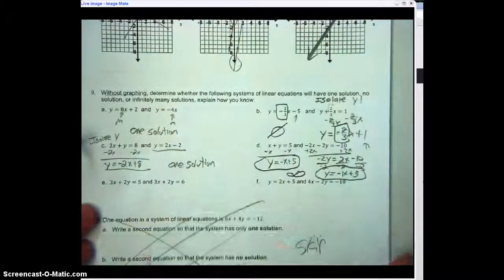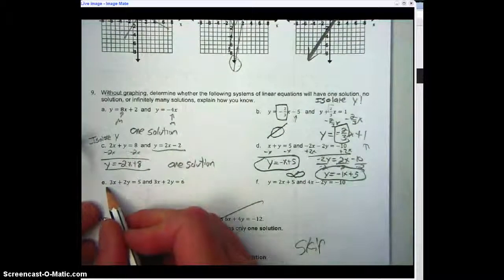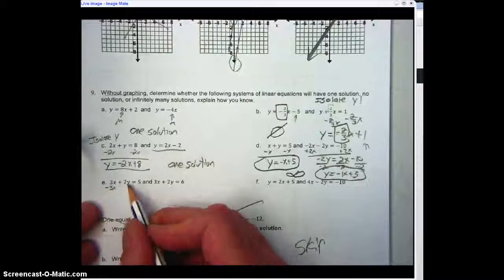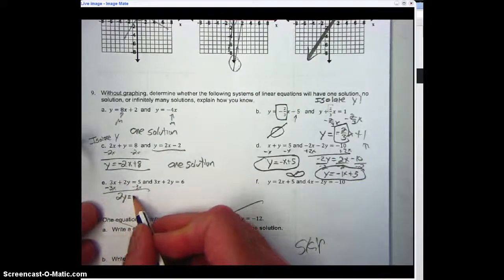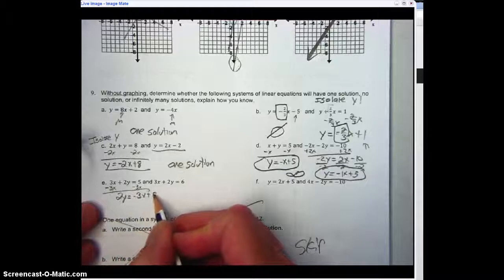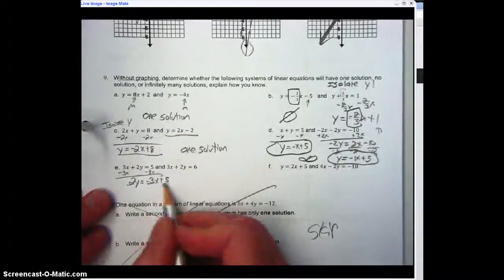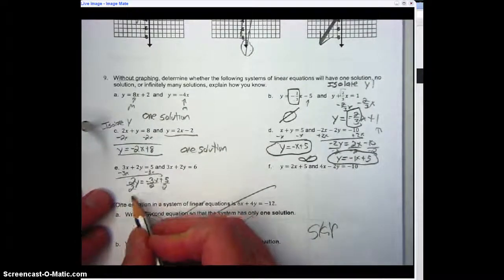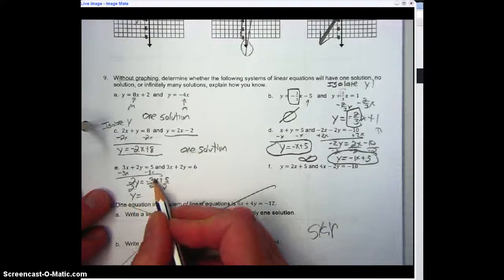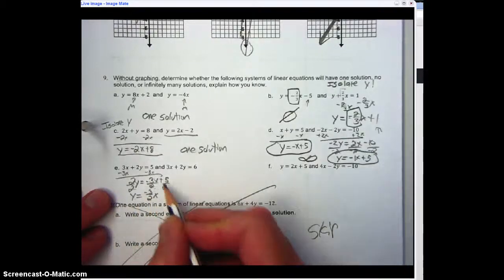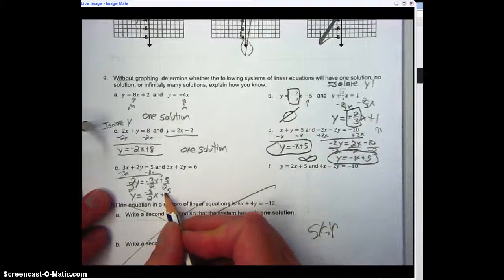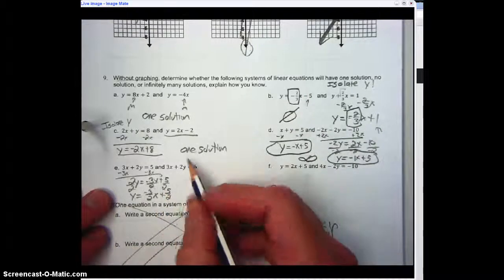Last 2. So we subtract 3x, 2y equals negative 3x plus 5, divide by 2, y equals, what you see is what you get, negative 3 over 2x plus, I don't care if it's yucky, just leave it, 5 over 2.